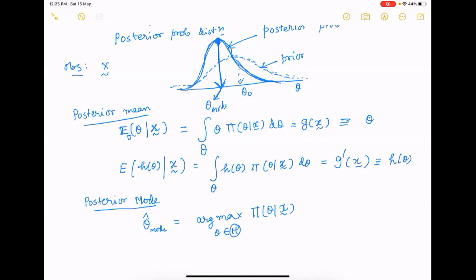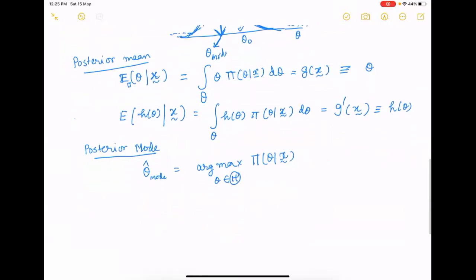That immediately gives me two Bayes estimators for theta. You can ask me, can I use the posterior median? I say yes, why not? You can compute the posterior median. That can also be used as an estimator.